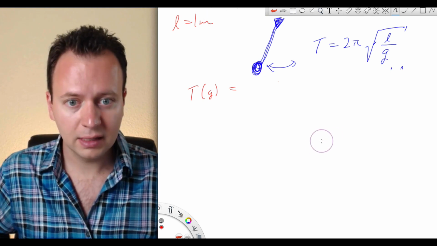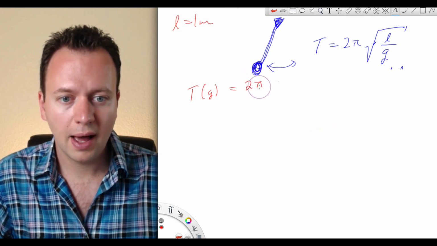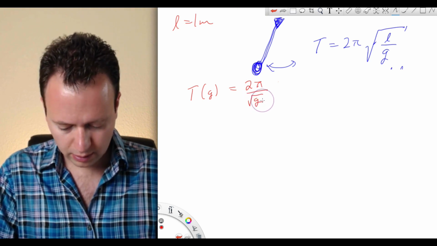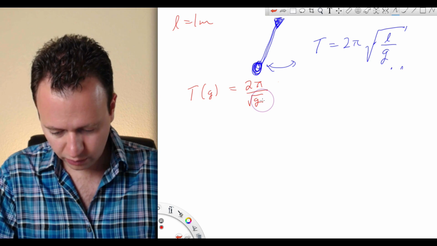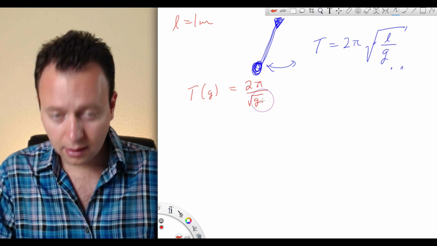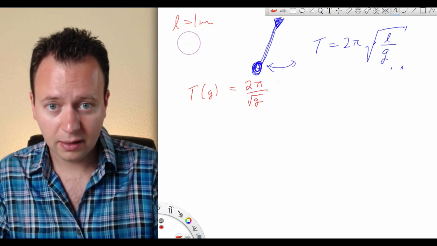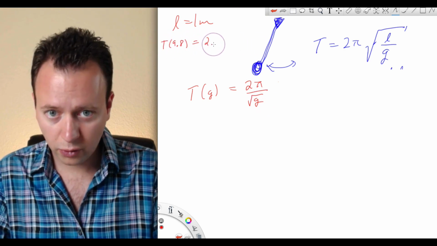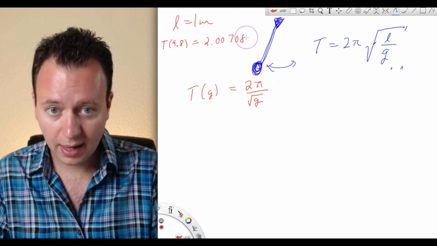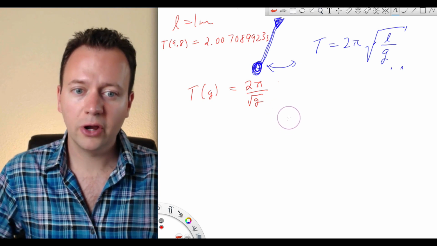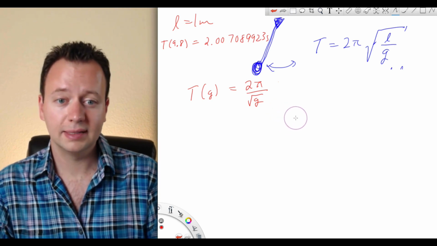So basically T of g becomes 2 pi over the square root of g. So 9.8 square root reciprocal times 2 times pi. So the period T of 9.8 is going to be 2.007089923 seconds. So that's the period of this grandfather clock when it's at sea level.